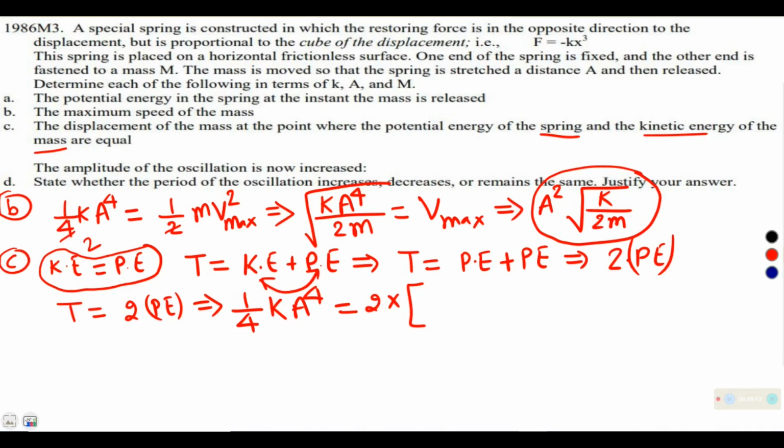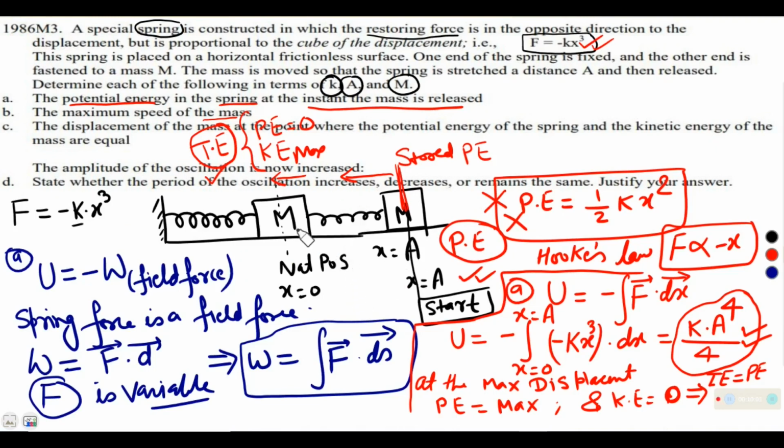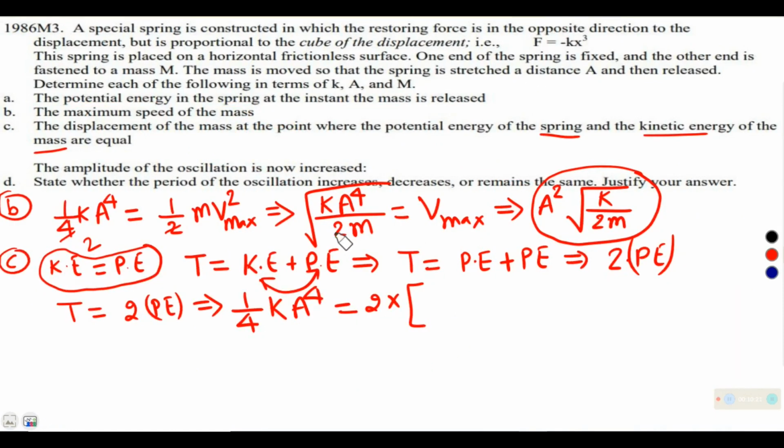In general, we are talking about any intermediate position. Let us suppose the displacement is x at which the potential energy and kinetic energy become equal. So we have to take this displacement x.